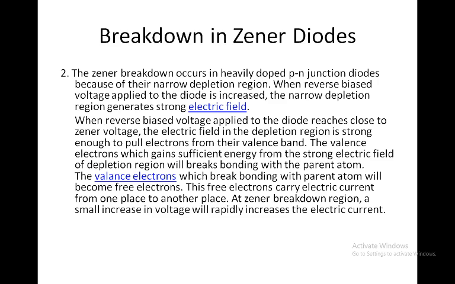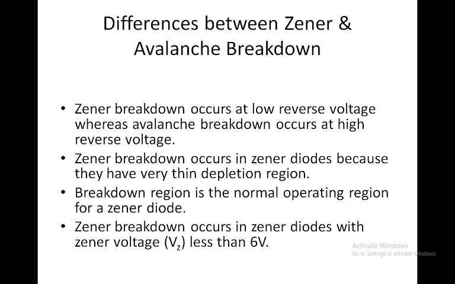When the reverse bias voltage applied to the diode reaches close to the Zener voltage, the electric field in the depletion region is strong enough to pull electrons from the valence band. The electrons which gain sufficient energy from the strong electric field will break bonding with the parent atom and become free electrons. These free electrons carry electric current from one place to another. At the Zener breakdown region, a small increase in voltage will rapidly increase electric current.